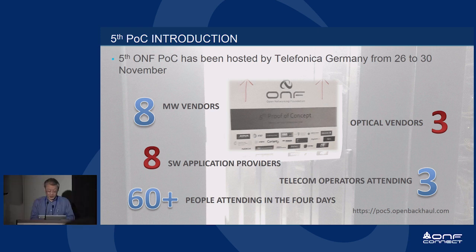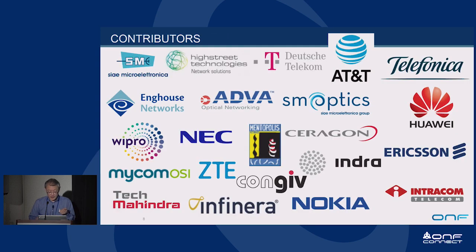There were a good number of vendors: 8 microwave vendors, 8 application software providers, 3 optical vendors, and the 3 telecom operators that have been mostly driving this process, which were AT&T, Telefonica, and Deutsche Telekom.